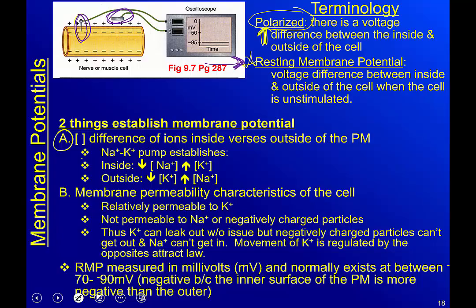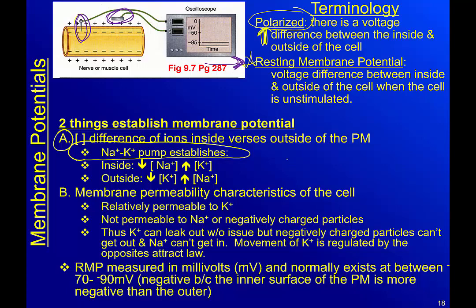Now, sodium potassium pump. We talked about this in chapter 3. I'm not lying, it was chapter 3. We talked about the different types of channels that you can find. And one of them that we talked about was a pump, an ATP powered pump.